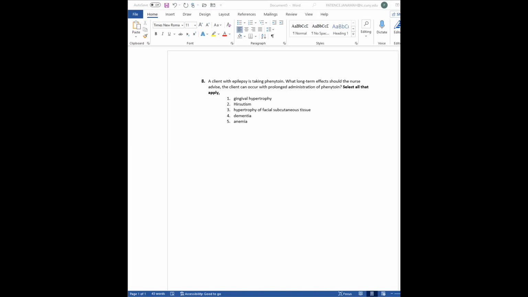Okay, so phenytoin is also called Dilantin. When the patient is taking Dilantin, it can cause gingival hyperplasia, hypertrophy, that's hardening of the gums, and hirsutism.